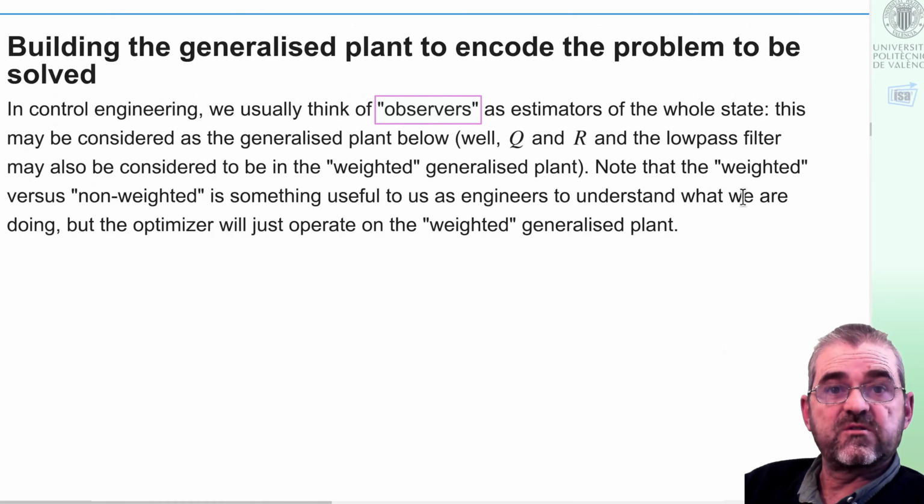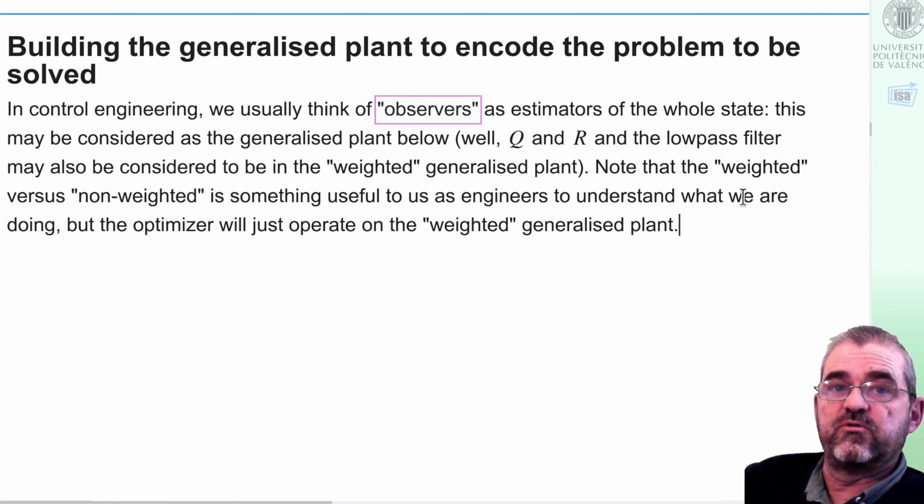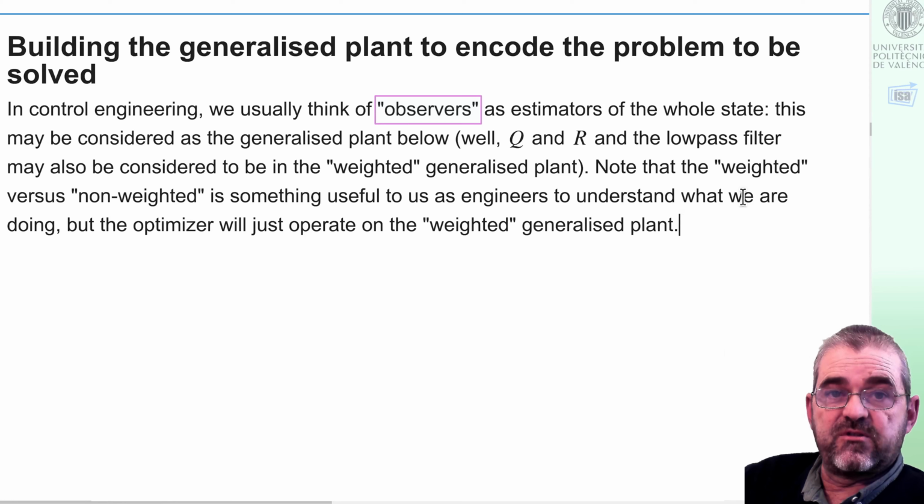So we'll now discuss building the generalized plant the H2, H-infinity and mu-synthesis solvers need. I mean, they need a weighted generalized plant, but in control engineering we usually divide that problem into two subproblems. First, discussing the flux of information in a generalized plant, and then adding information on the amplitude of the signals to conform a weighted generalized plant.